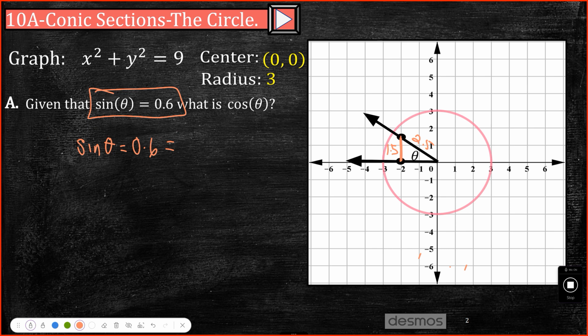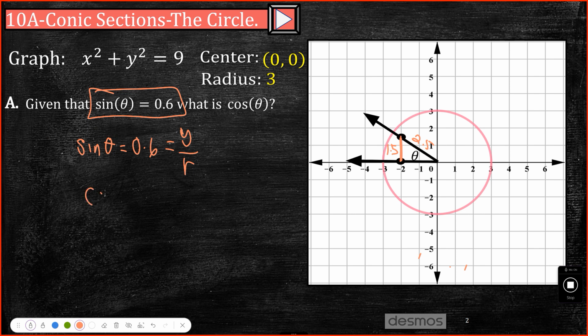Oh, it is that. What else was I going to try to do? Sine theta is what? Y over R.